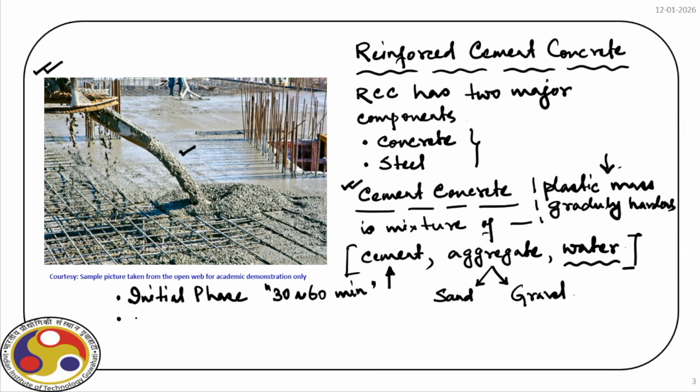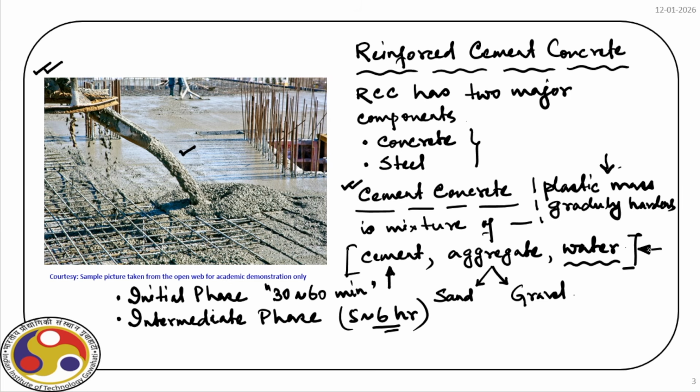Now, once the concrete is poured, then there is an intermediate phase. Now, this intermediate phase stays around 5 to 6 hours. It also depends upon many other factors. For example, sometimes we use additional chemicals with this mix just to accelerate this process or sometimes decelerate also, depending upon the situation.